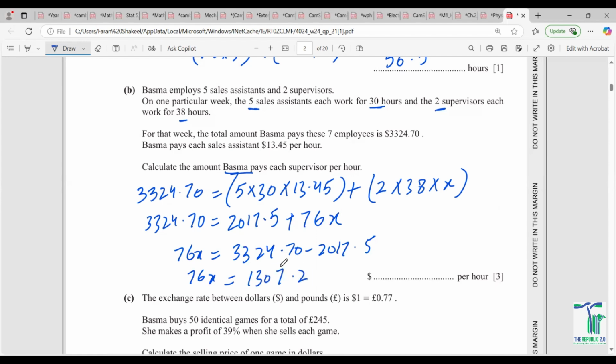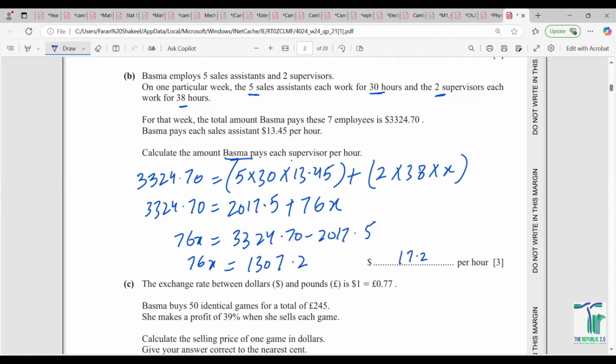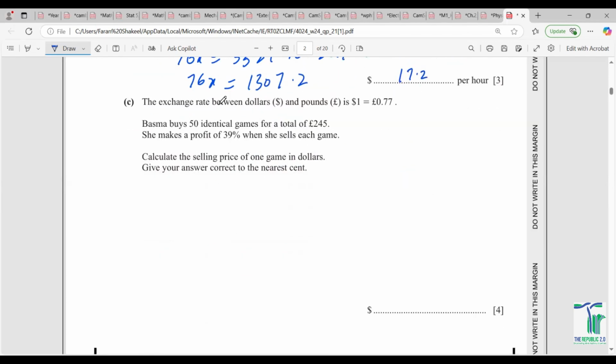So to get the value of X, or per hour wage of the supervisor, you just divide both the sides by 76 and you would be having $17.2 per hour, right?